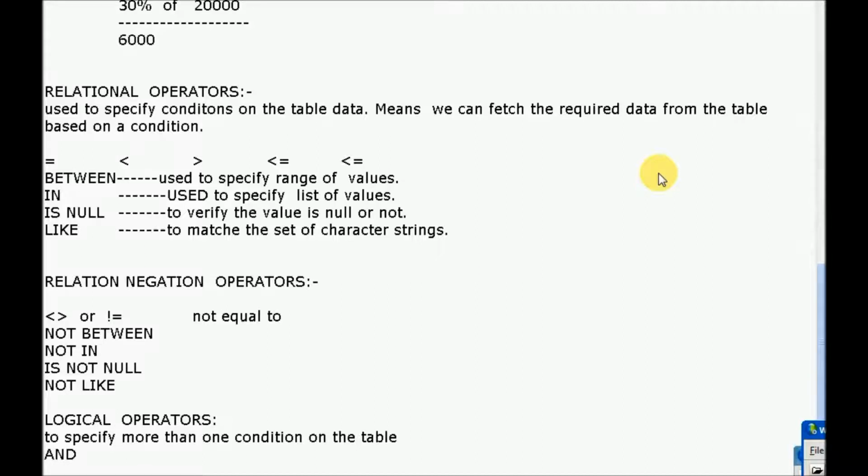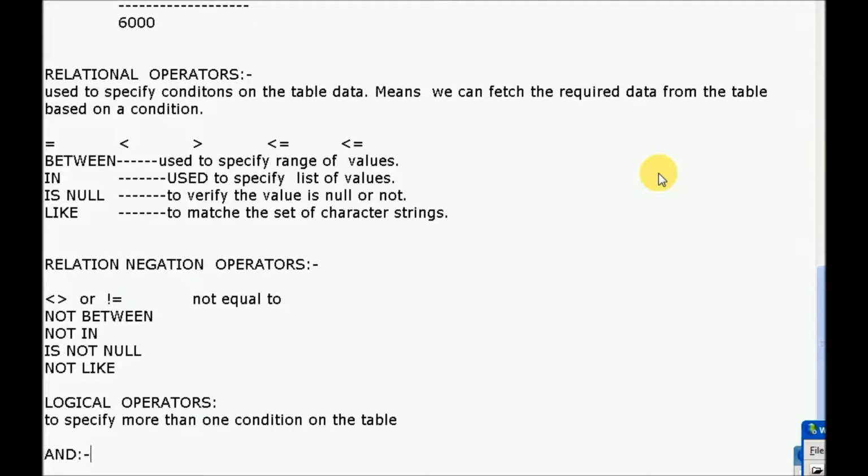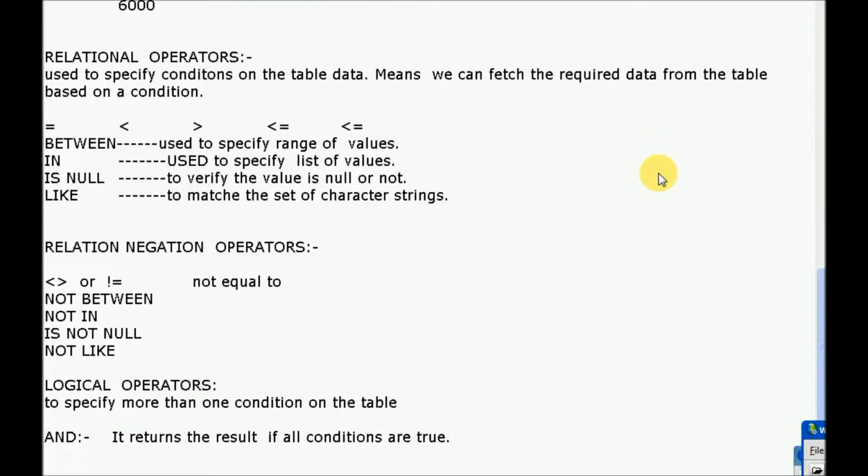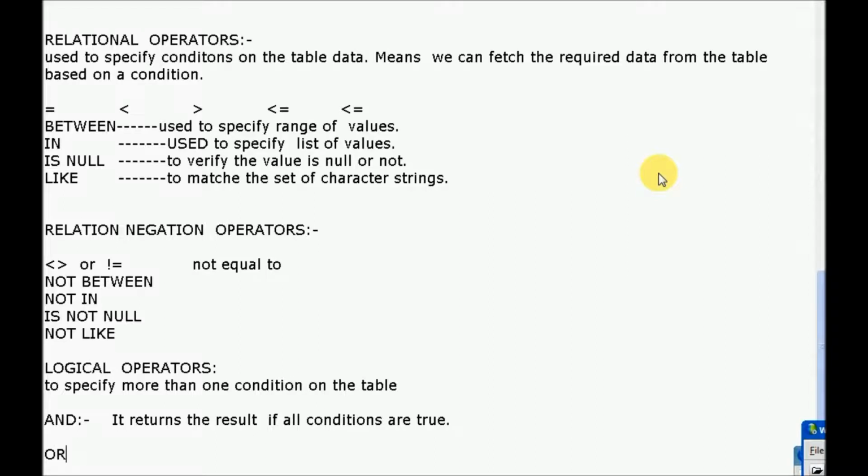The first logical operator is AND. It returns the result if all conditions are true. Otherwise, it doesn't return the result.